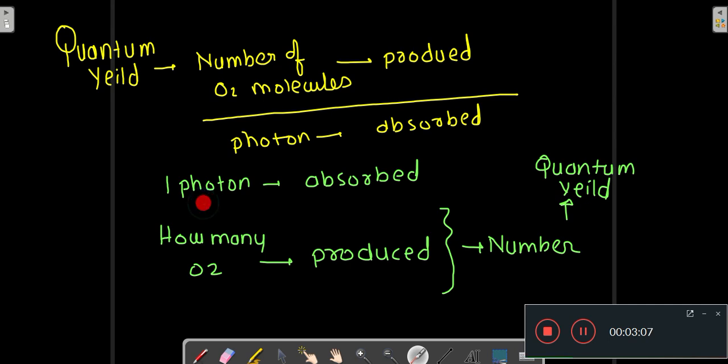When one photon is absorbed during photosynthesis, how many O2 are produced because of that one photon, that number is quantum yield.